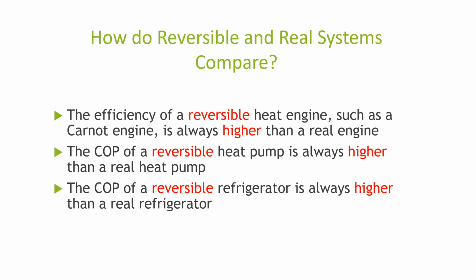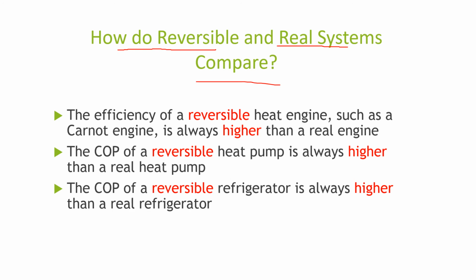So how do reversible and real systems compare? You can ask the question, how do you increase the COP of a Carnot refrigerator or heat pump? That is if it is reversible. And how about the actual one, which is not reversible?